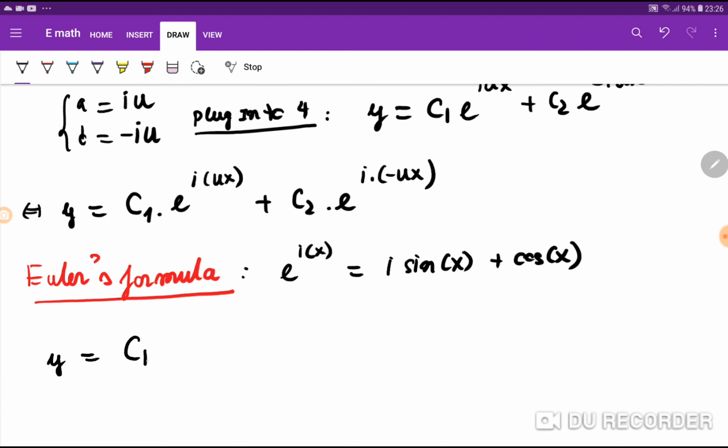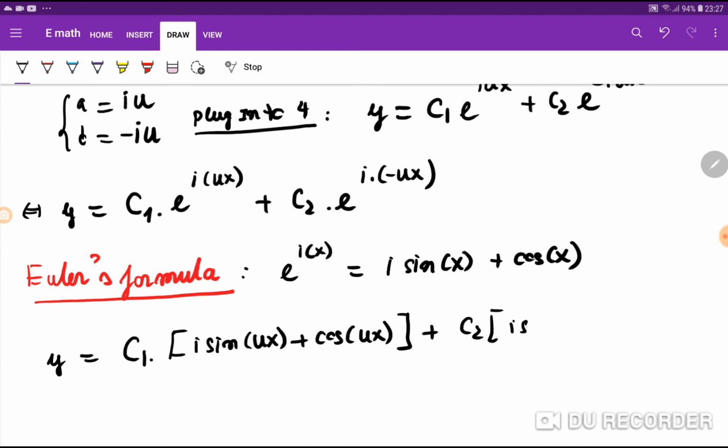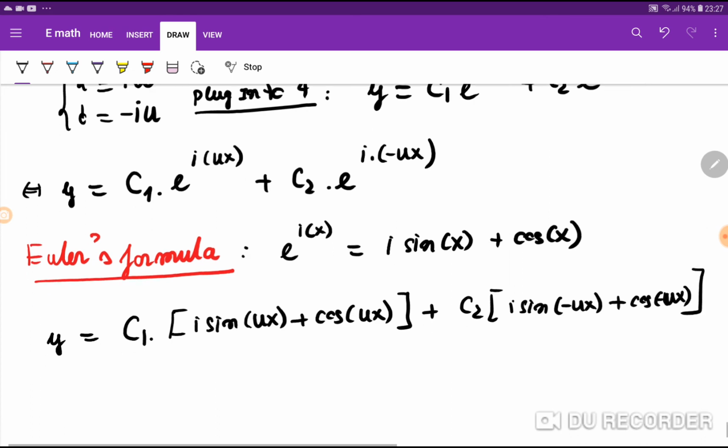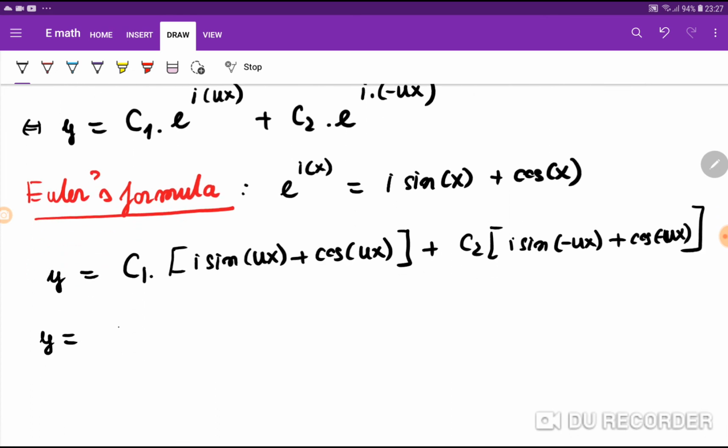So y equals c1 times (i sine ux plus cos ux) plus c2 times (i sine negative ux plus cos negative ux). Okay, now change it a little bit.